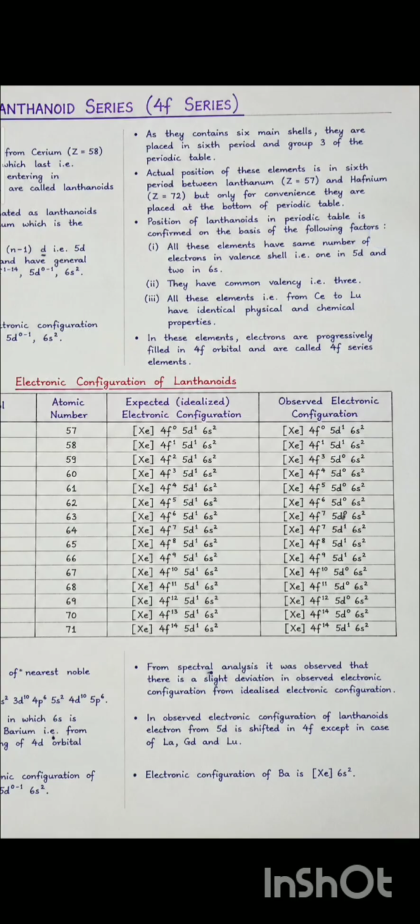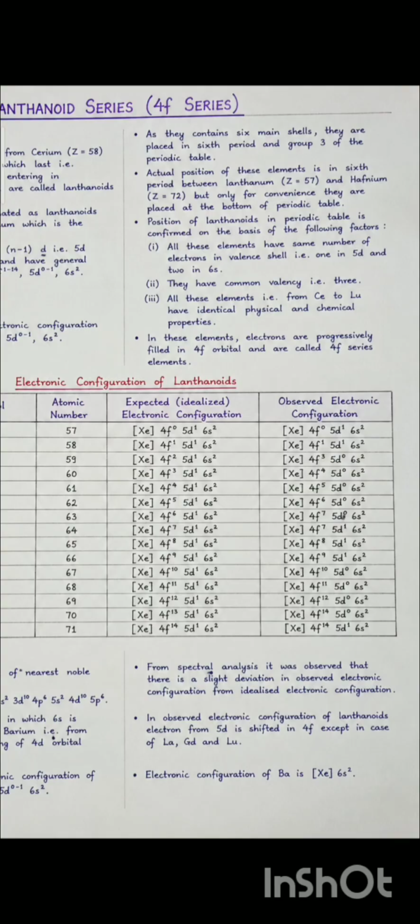Lanthanum shows only plus 3 as the most stable oxidation state by losing 2 electrons from 6s and 1 from 5d orbital, and gadolinium forms only plus 3 more stable oxidation state due to half filled stable subshell, and lutetium also possesses plus 3 oxidation state due to extra stability of the completely filled subshell. Cerium and terbium attain 4f0 and 4f7 electronic configuration by losing 4 electrons, having extra stability due to empty and half filled configuration.